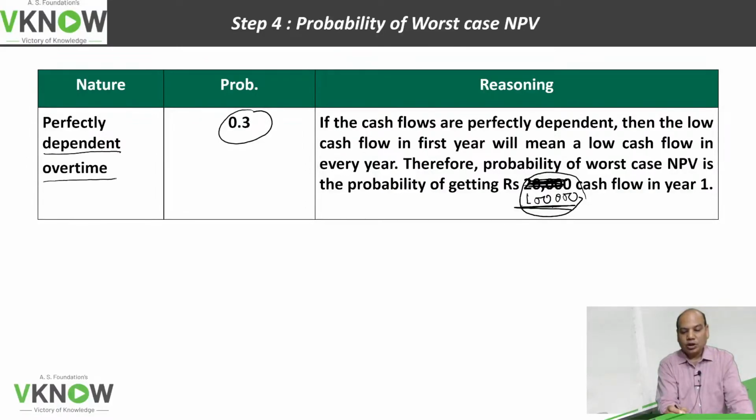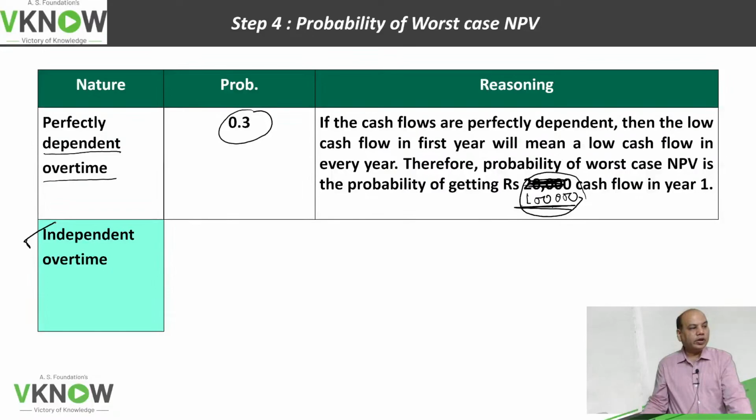If cash flows are dependent over time, if you get low cash flow in 1 year, you will get low cash flow in all the remaining years. Now write down please, independent over time. Independent over time means second year cash flow is independent of first year cash flow.